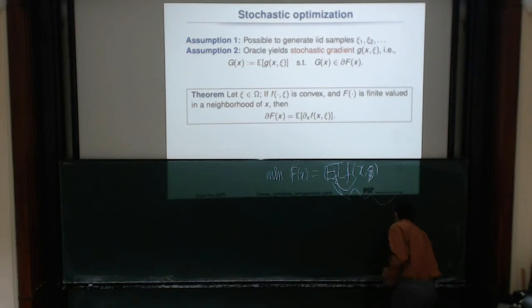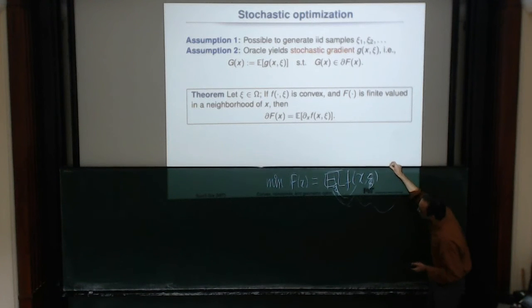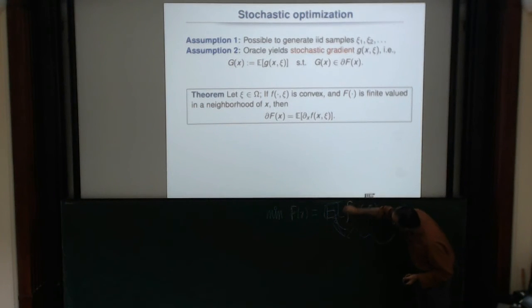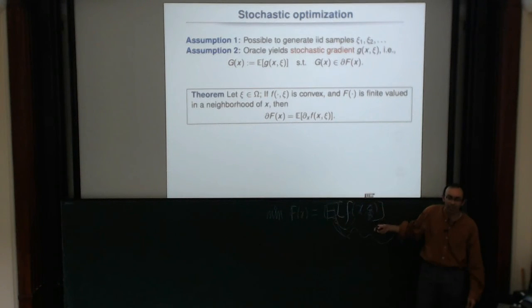So just that, maybe it's easier to see when I bring it down here. We're just trying to minimize this expected value. That's the stochastic optimization problem. And to compute a subgradient of F, it suffices to take expectation of subgradients of individual guys. That's where the scalability lies.